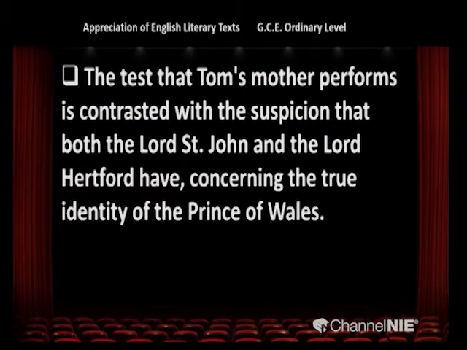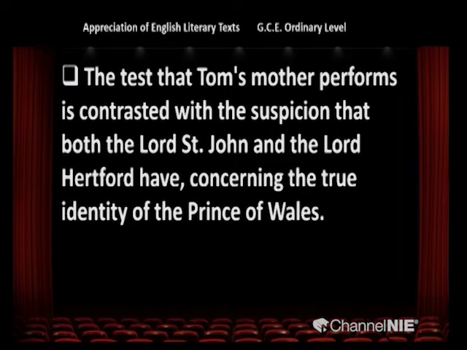The test that Tom's mother performs is contrasted with the suspicion that both Lord St. John and Lord Hertford had concerning the true identity of the Prince of Wales.